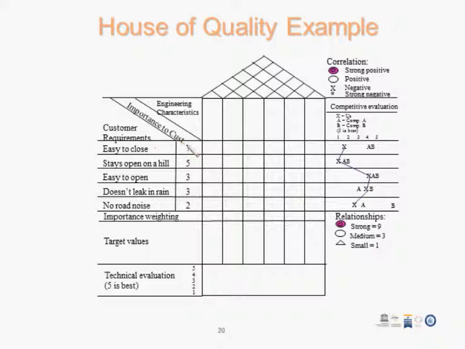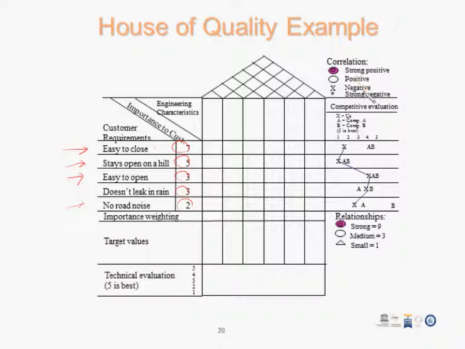Here, the numbers 7, 5, 3, 3, 2 represent different weights from the customer's point of view. So customers say the first, most important, is ease to close. Second most important is stay open on the hill. Third is ease to open. The last one, no road noise, is less important compared to others.